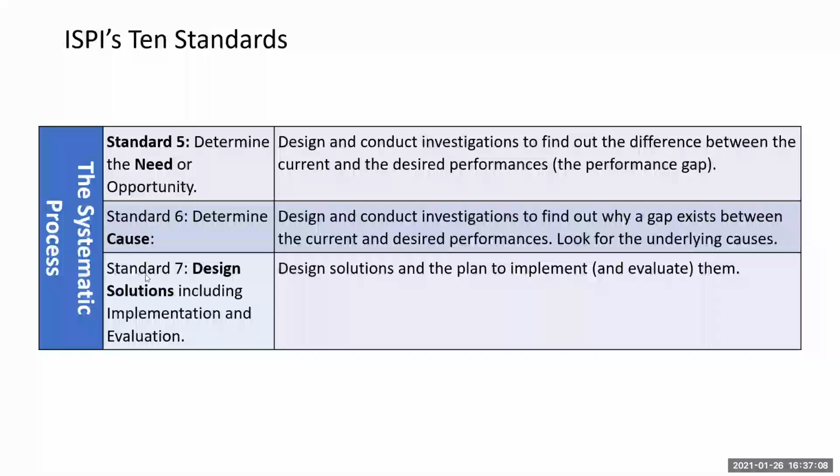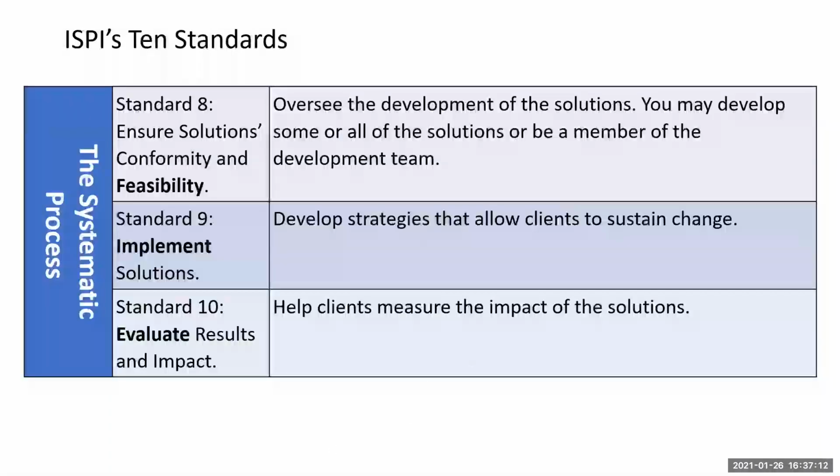And then the remaining 3 are developing the solutions, implementing them, and then measuring the results. So those are the 10 standards. And the reason I wanted to show them to you is I'll show you how the process model that we're going to talk about aligns with these 10 standards.